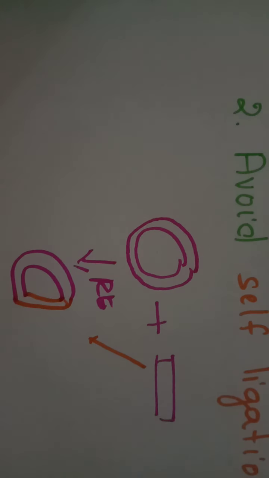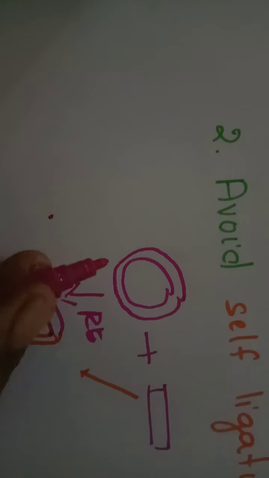The recombinant DNA is obtained. Sometimes, when you cut the vector, the gene of interest doesn't get inside, and the vector ligates by itself. To avoid this self-ligation, alkaline phosphatase is used.